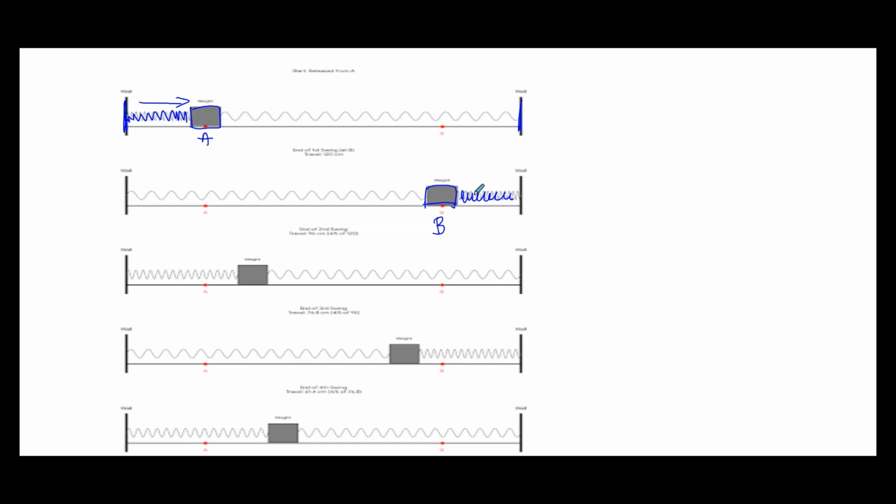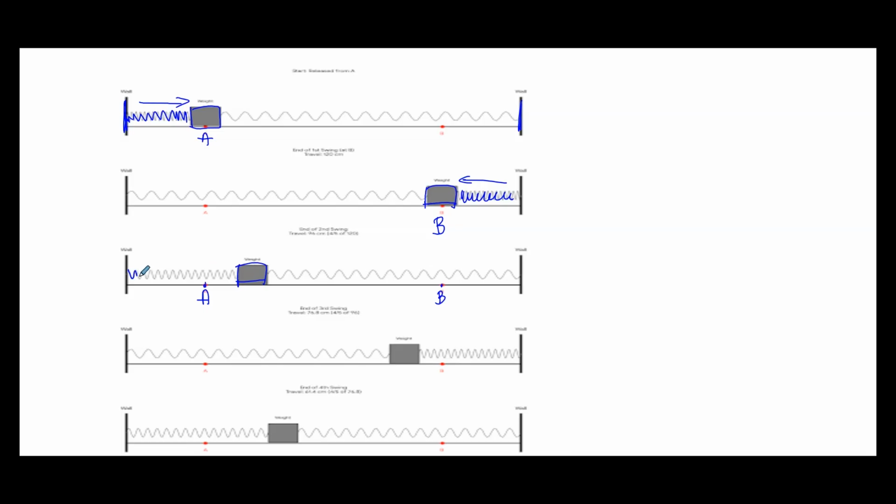Because it's so squashed, it has a force and therefore it will push back. That's why we have our weight here in the next stage. However, it will not be able to push it all the way to point A. It will only push almost to point A.